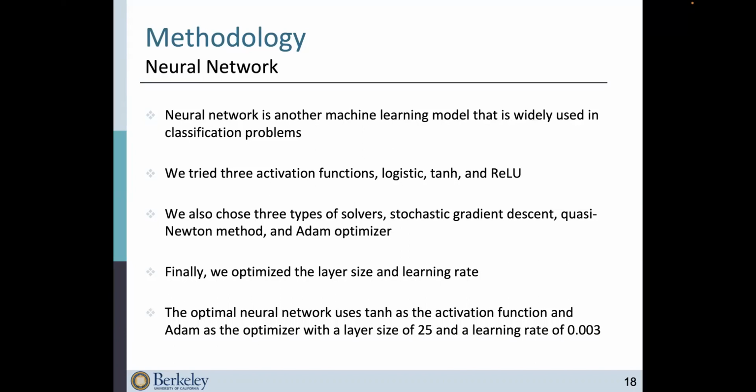And we optimize the layer size and learning rate. We obtain the optimal neural network, using tanh as the activation function and Adam as the optimizer, with a layer size of 25 and a learning rate of 0.3.